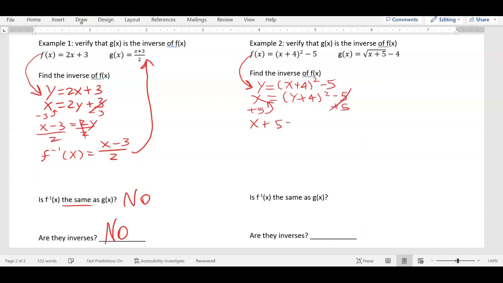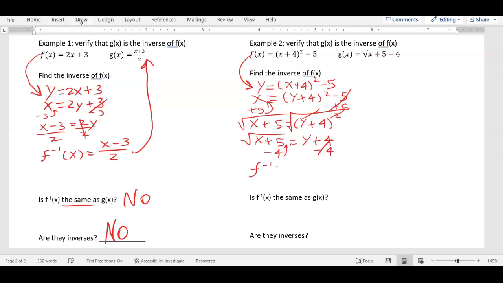X plus 5 equals y plus 4 squared. Do I get rid of the squared or the 4? You can't touch the 4 yet because it's inside, so I square root to get rid of a square. And then I got to get rid of that loner 4 by subtracting 4. Please remember, the minus 4 goes after the square root.